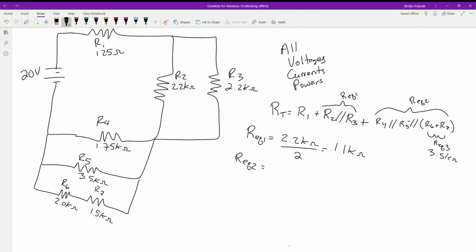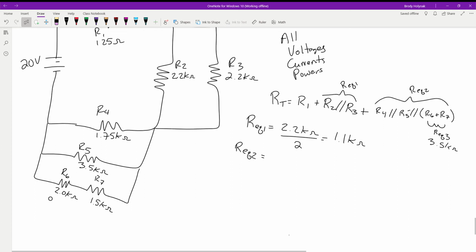So now we have a 1.75K, a 3.5K, and a 3.5K all in parallel. How are we going to solve this equivalency? Yeah, we could use the reciprocal method for all of it. What else could we do, Max? Yep.